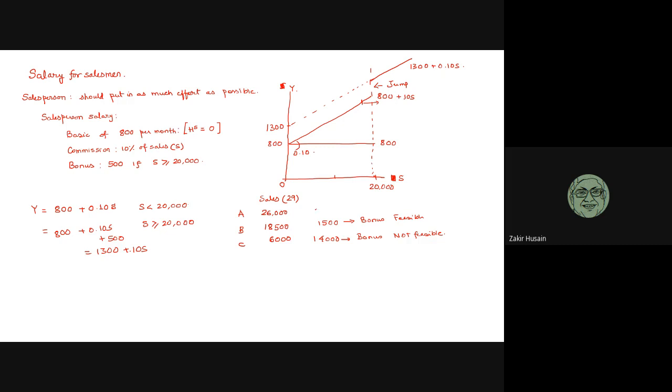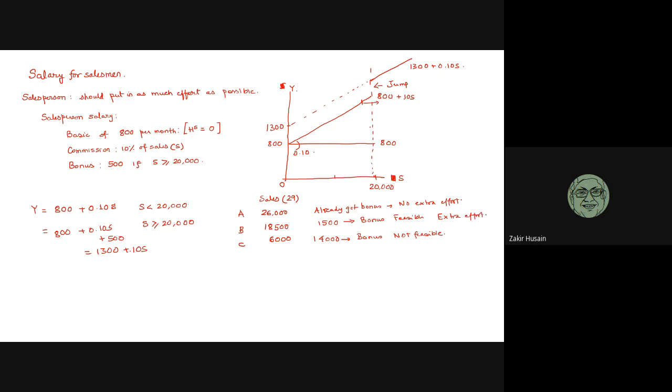Acha. In this case, what will happen? Even if he puts in extra effort, it will not work. Yes, sir. He's already got the bonus. So if he works for, let us say, 6 hours per day, he is going to continue to do that. So this person, B, is going to put in extra effort.